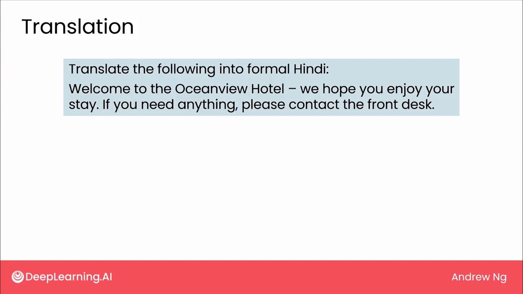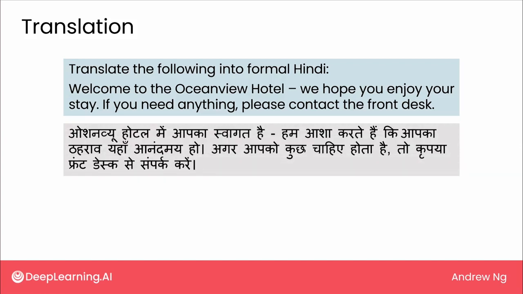It tends to do less well in languages, also called low resource languages, with less text on the internet in that language. But if you're operating a hotel and you want to translate the welcome message into formal Hindi to welcome guests, then a large language model may be able to output text like this for you.